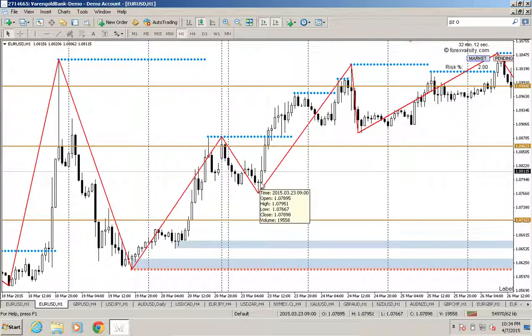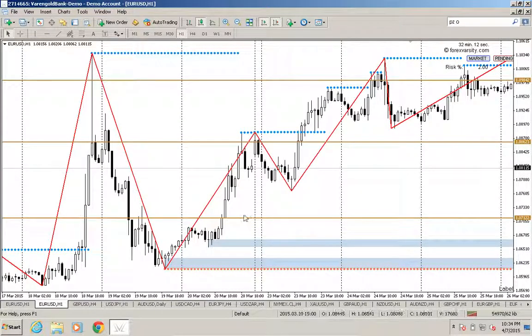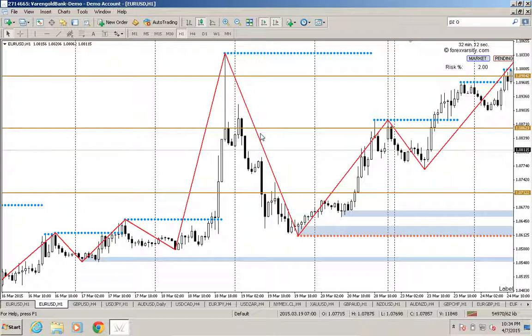On the close of that hammer, you could have entered a buy trade. And you see we had a little bit of down movement and then it shot right straight back up towards our D. Another perfect example of where you would have used candle info for confirmation.